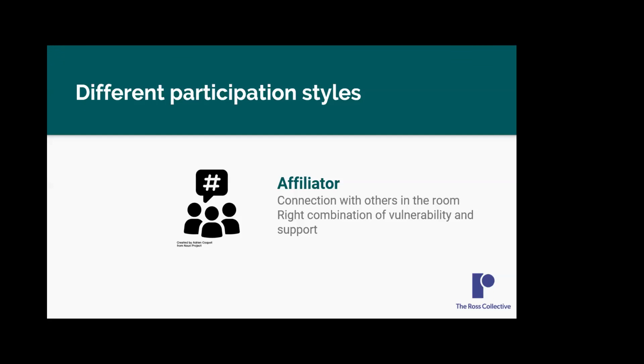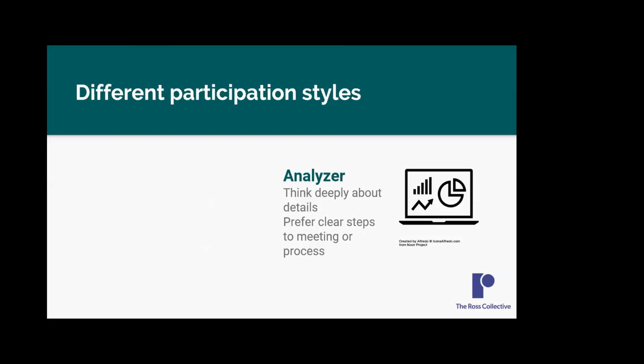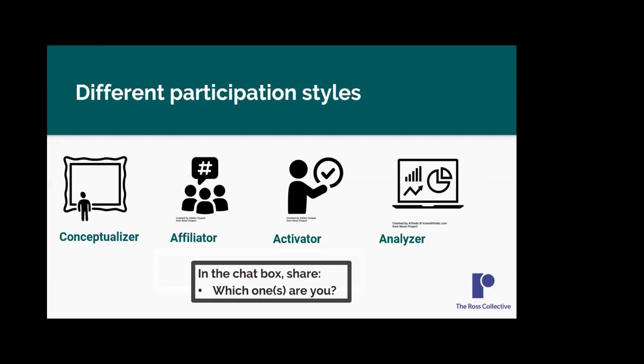I wanted to be part of this social group. Activator. This is about what's going to happen next, what are our next steps, what do we need to do. These people want a clear sense that your work is moving forward. And lastly, analyzers. The analyzers are the ones who are thinking about the details and also prefer clear steps to a meeting or process.